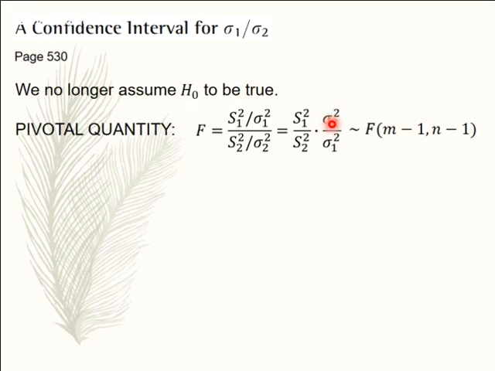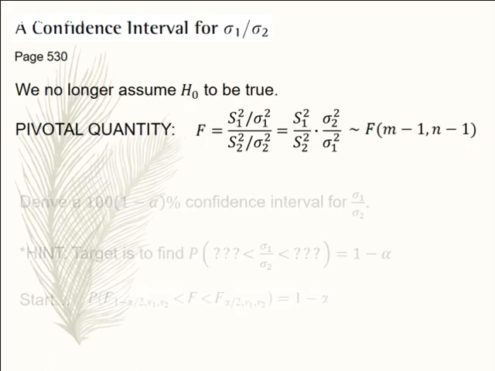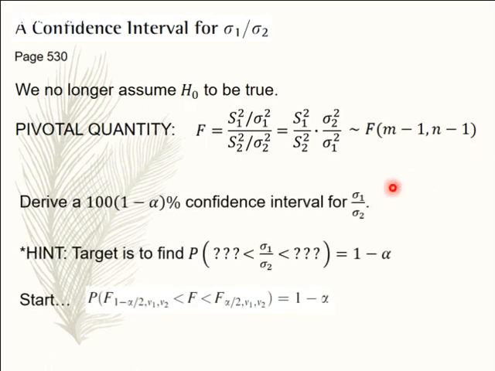They're no longer equal to 1. So you're going to work from this thing here, which you know has an F distribution with this degrees of freedom. In order to derive a confidence interval for this ratio, a confidence interval for sigma 1 divided by sigma 2, you naturally need to find something such that the probability of that ratio between those things is equal to 1 minus alpha, and this is going to be your starting point.